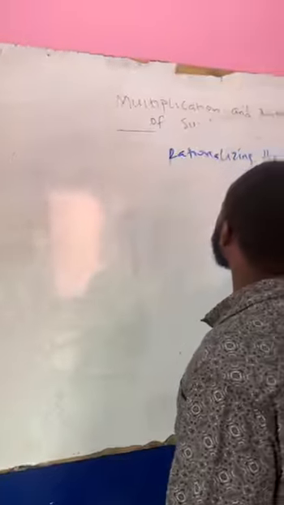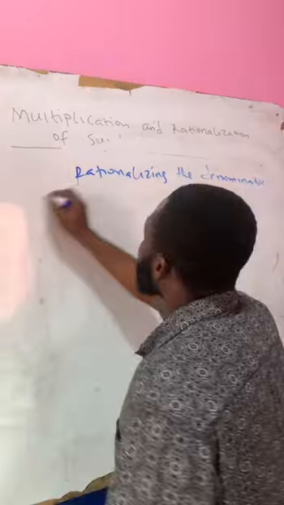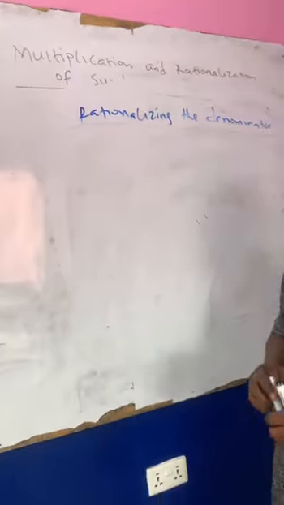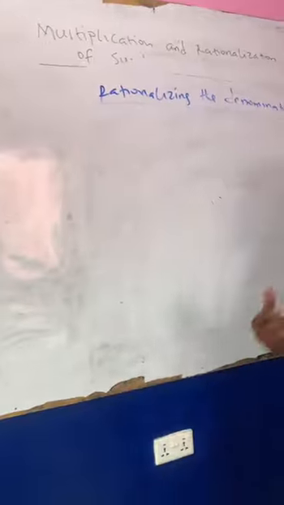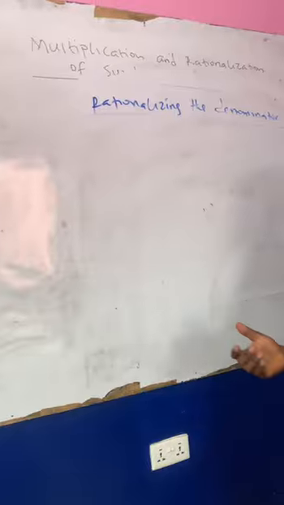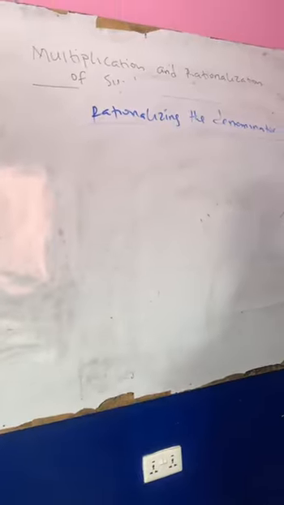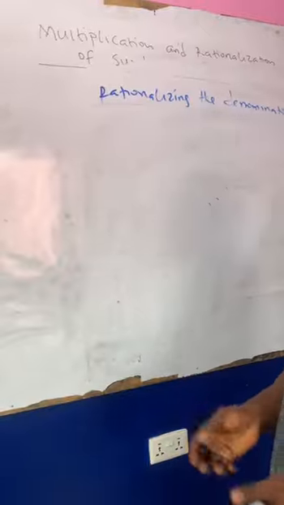Rationalizing the denominator: we said surds are irrational. So when you have to rationalize their denominators, it means that we don't want the square root. We just want to get rid of the radicals and get integers as our denominators.